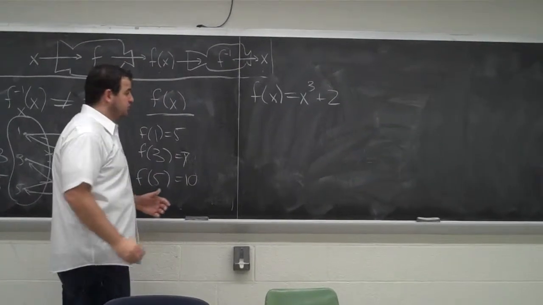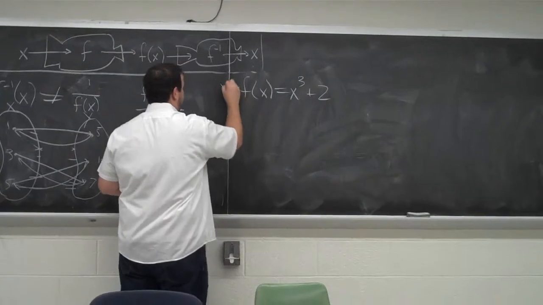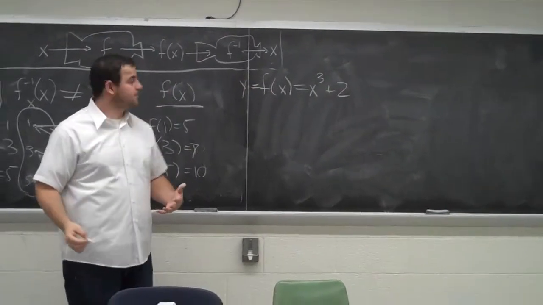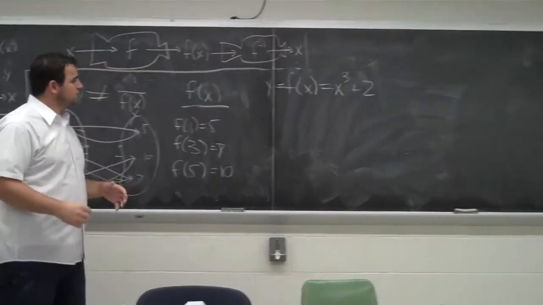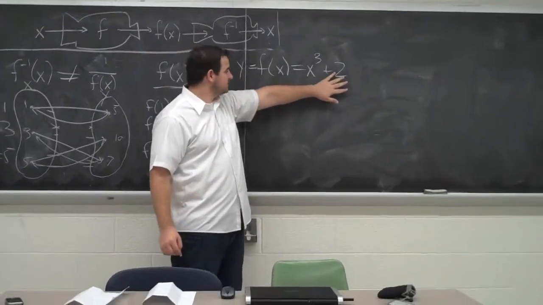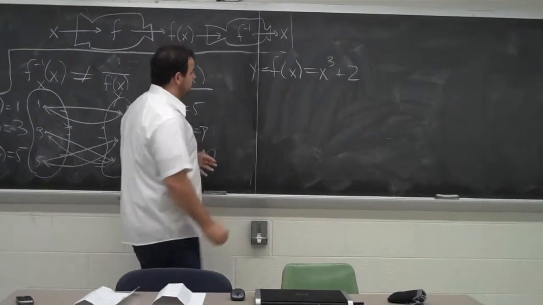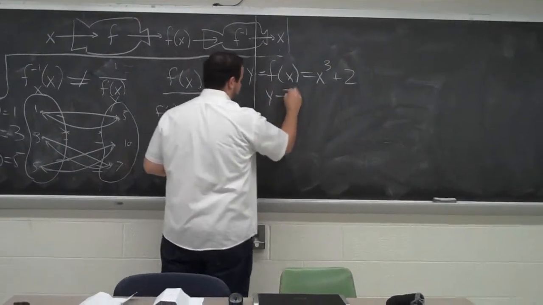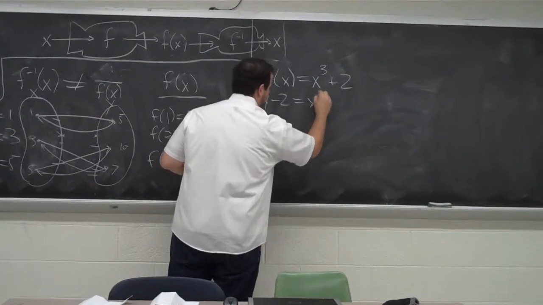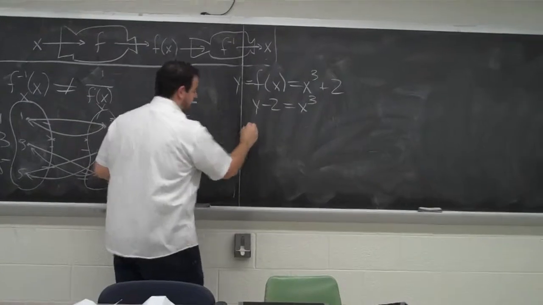So the first thing we want to do, just for the sake of simplicity, is call f of x just y for now. And what we want to do is, instead of having y equals something with x, solve it the other way around, where we have x equals something with y. So the first thing we want to do is subtract 2 from both sides. And then the last thing we'll do is take the cube root of both sides.